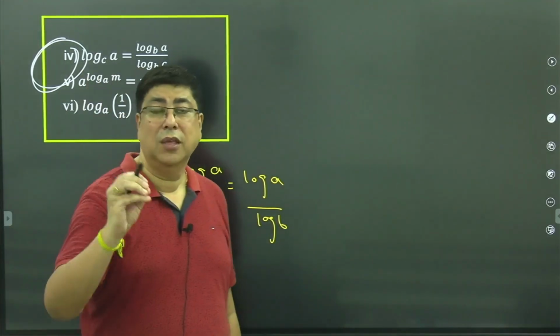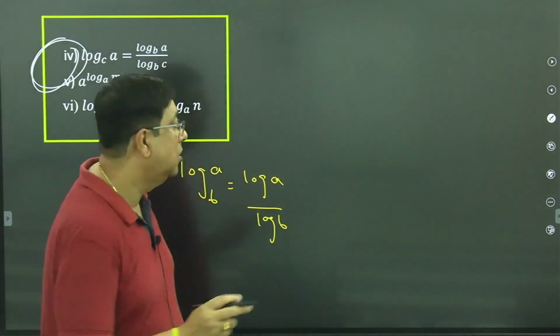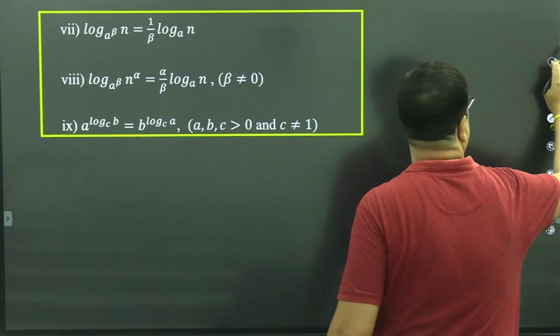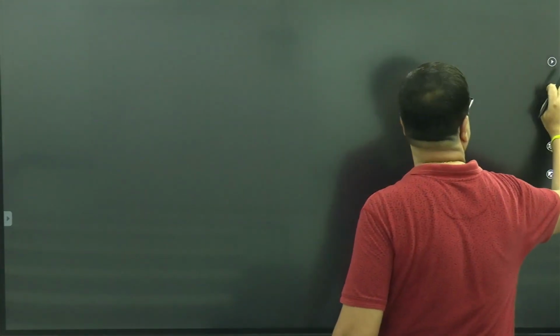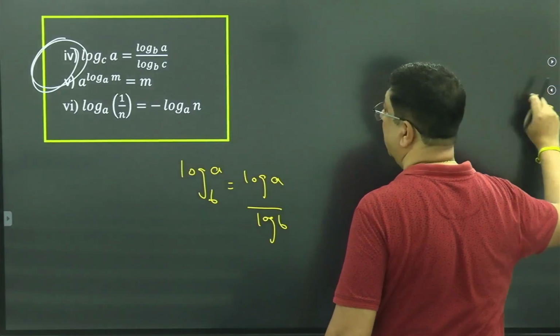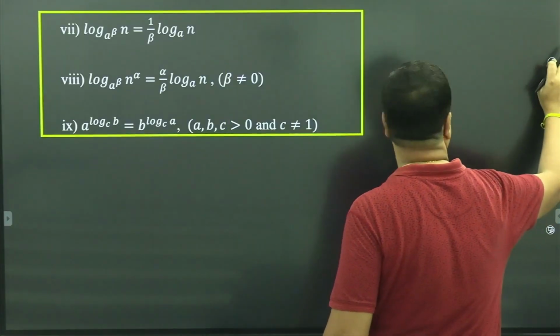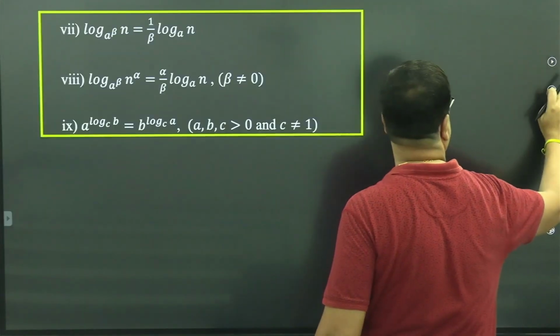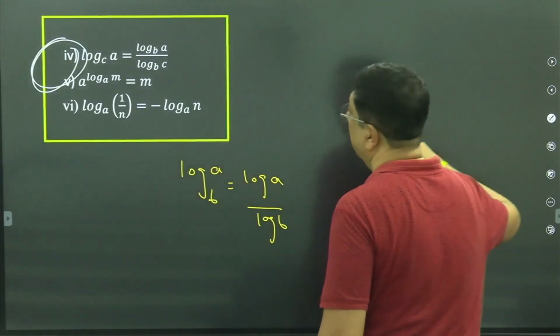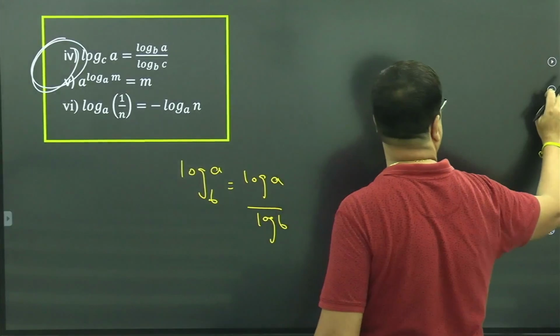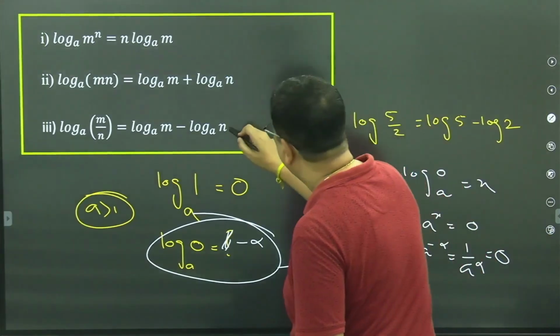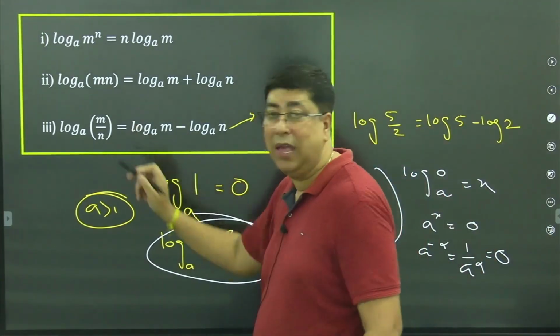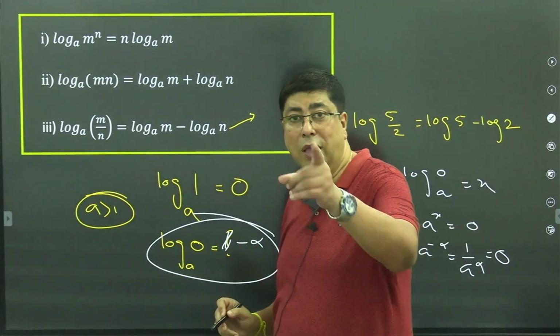There is sometimes a confusion regarding that previous formula. This formula is log m by n, and here we are doing log a base b.